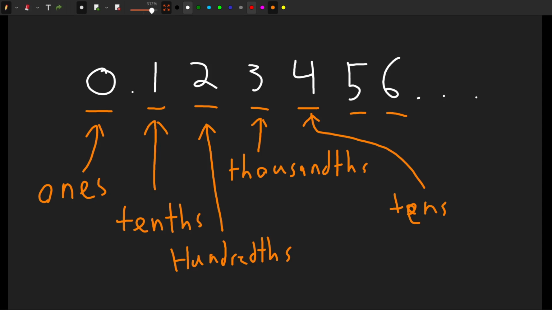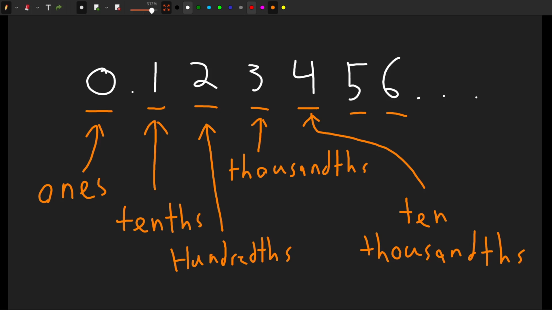Actually, let me rewrite this. This is just 10,000ths. I had tens. Now, as we continue with 5, 6, and eventually the numbers afterwards, you'll get 100,000ths, and then after that I think it's millionths, and then 10 millionths, 100 millionths.